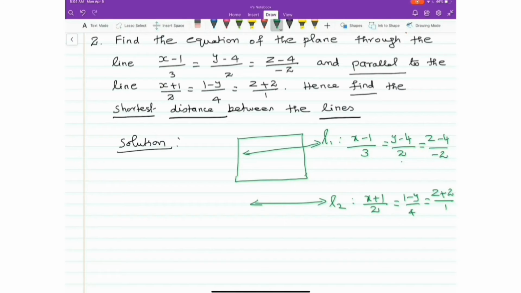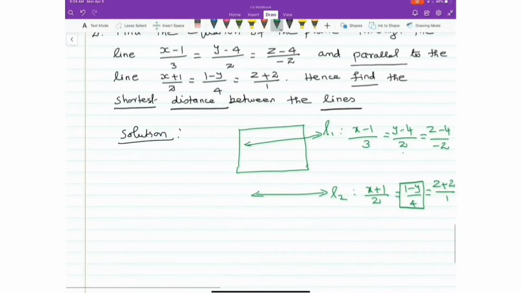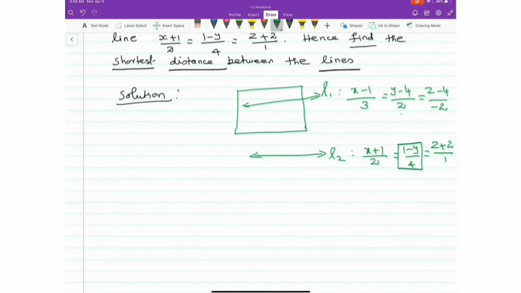So no issue at all. The problem is only in this place, that is (1 minus y)/4. So I can multiply the numerator and denominator by minus 1. So I will be getting here (y minus 1)/(minus 4). So the n vector will be perpendicular to your b2 vector, which will be 2i cap minus 4j cap plus k cap. So let us write all those things properly.